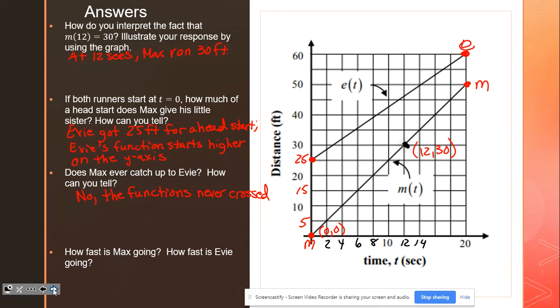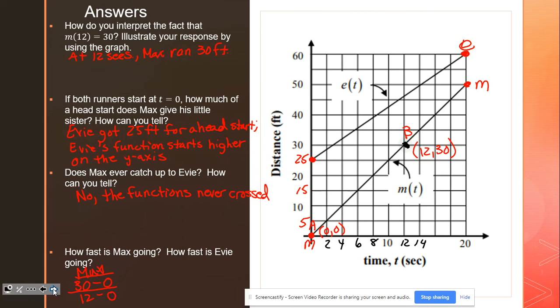I now can use my rate of change formula for this. So for Max, I want to do f of b, so we'll call this point b, and we'll call this point a. So f of b in this case is going to be 30. F of a is 0. And b is 12. And a is 0.